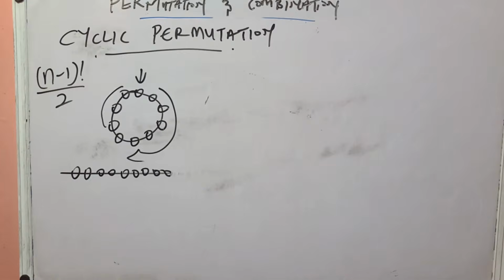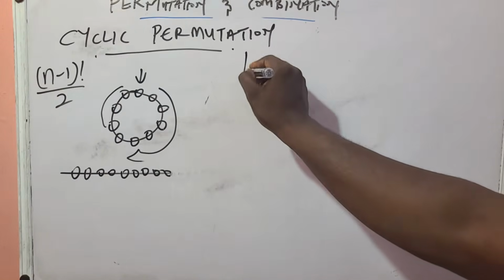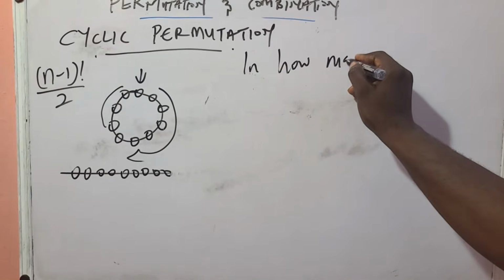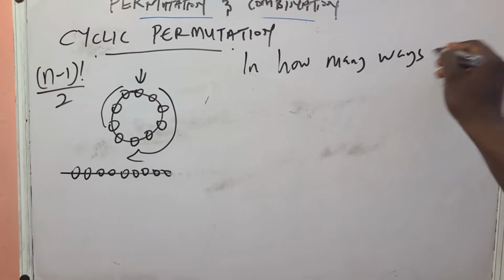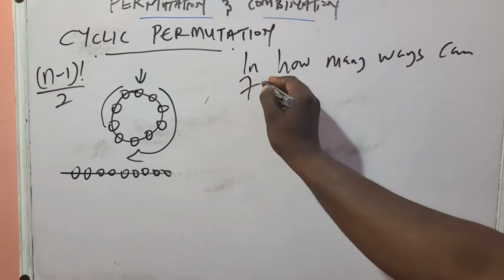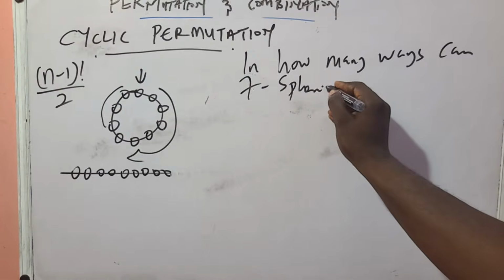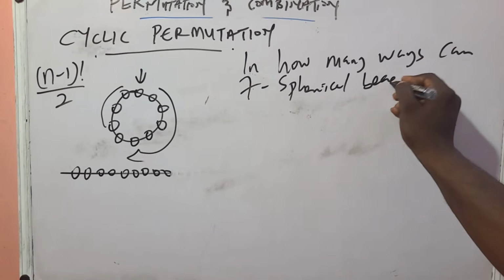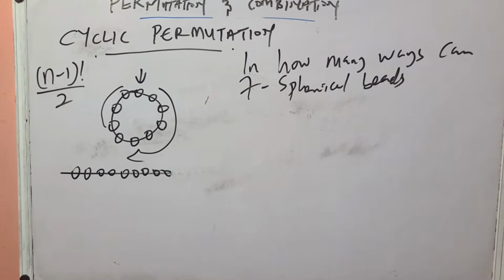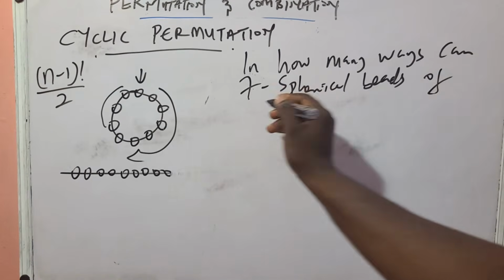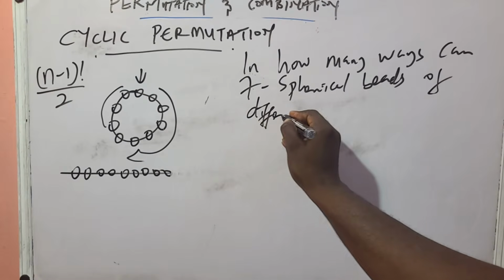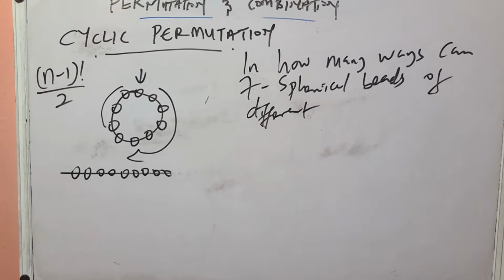Once you see this written in the question, just know that even though you are dealing with cyclic permutation, you are not dealing with the normal cyclic permutation.